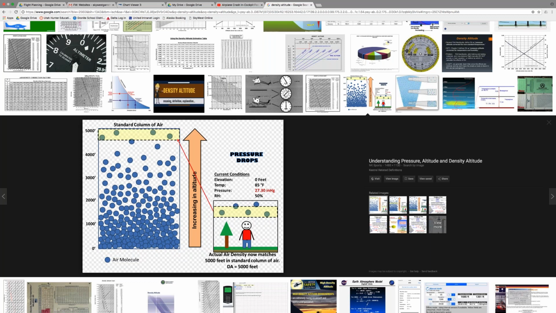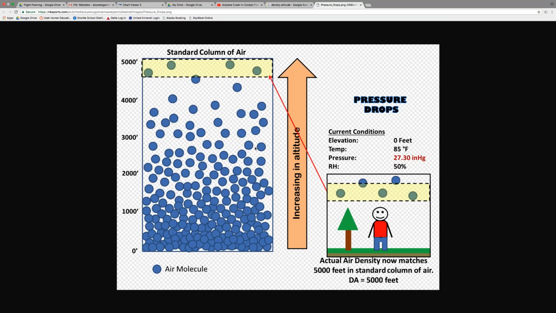Okay, I'm going to show you guys this here. As this picture shows, think of this column of air as a jar full of feathers. Down at the bottom, you're going to have a lot of feathers, because the weight of the other feathers is pushing down on top of them. But as you go up, your feathers thin out per layer, because there's not as much pressure pushing down.